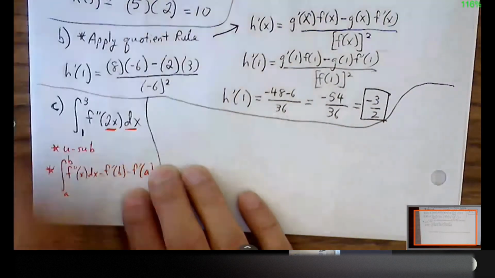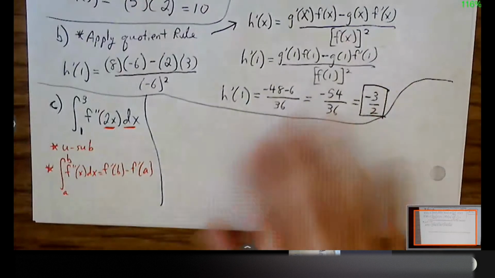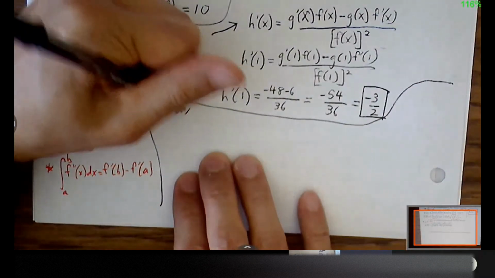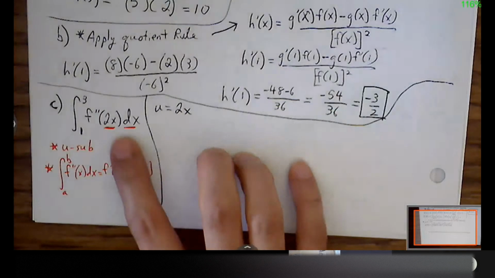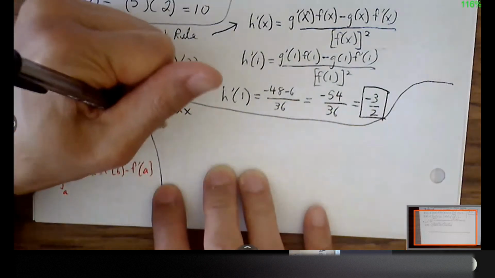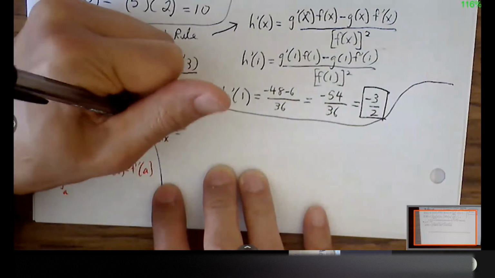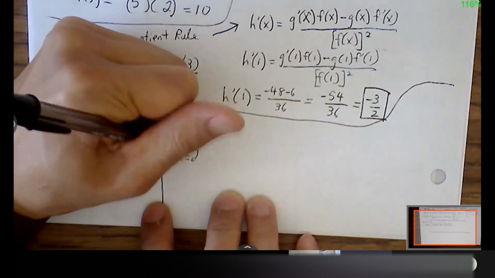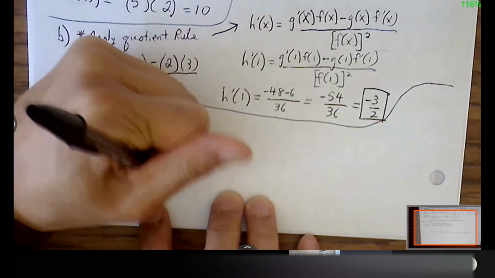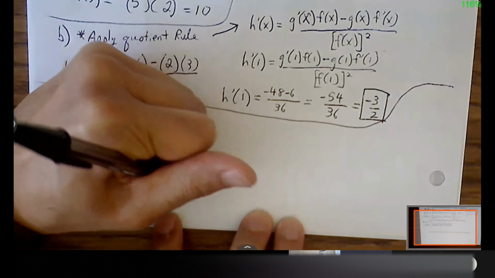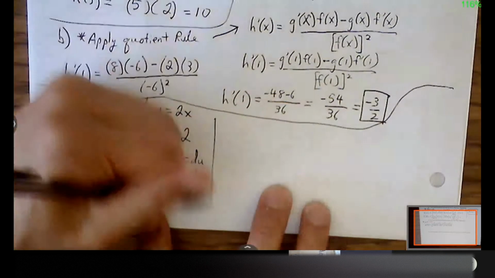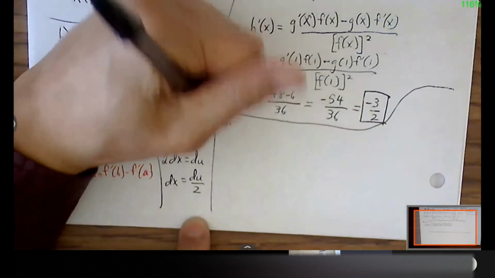Target that portion inside the parentheses as our u value. Make our substitutions.